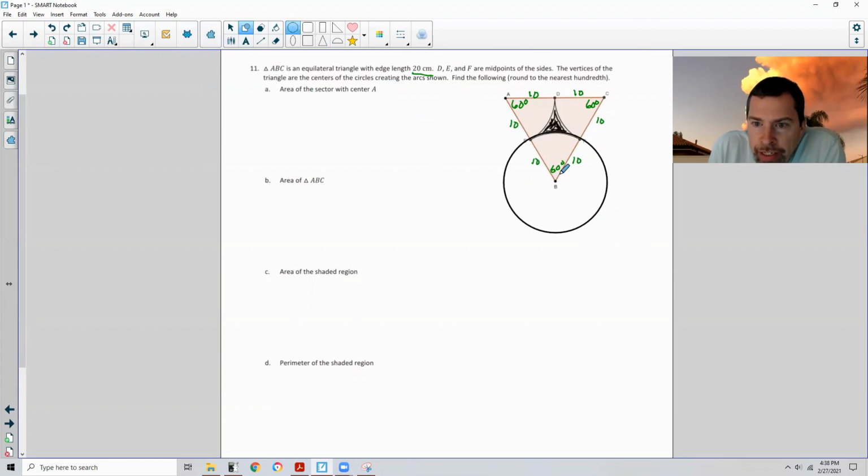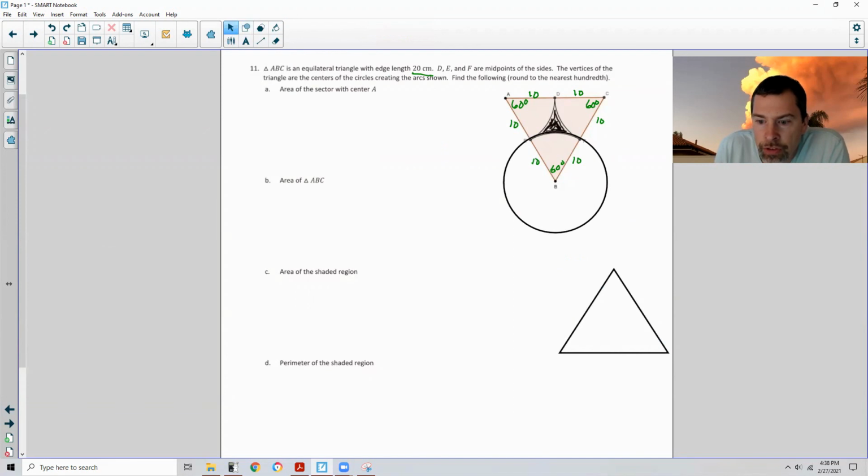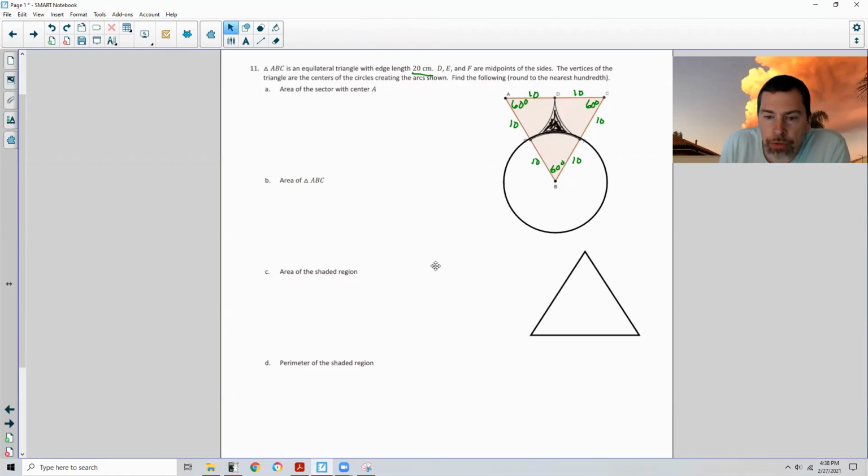We have a shaded region, a sector. This is an arc. I'm going to leave this circle here, and I'm also going to bring in a triangle so that we can discuss this in different formats more precisely.